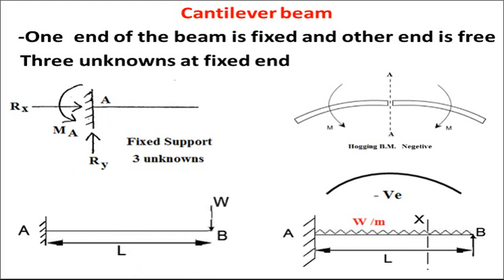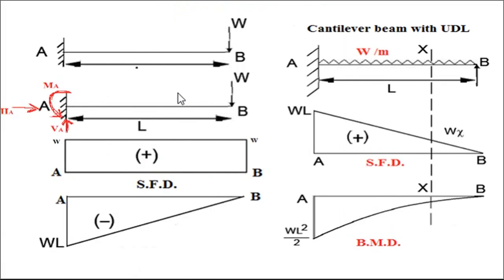Now there are a few standard cases. The first case is a cantilever beam with a point load, where this point load or concentrated load is acting at the outer end of the span. Whenever there is a load like this, what will be the shear force? There is only one support and the load is W, so the shear force will also be W. The load acting here will be the reaction at A, so RA or VA is nothing but W, because there is only one support.